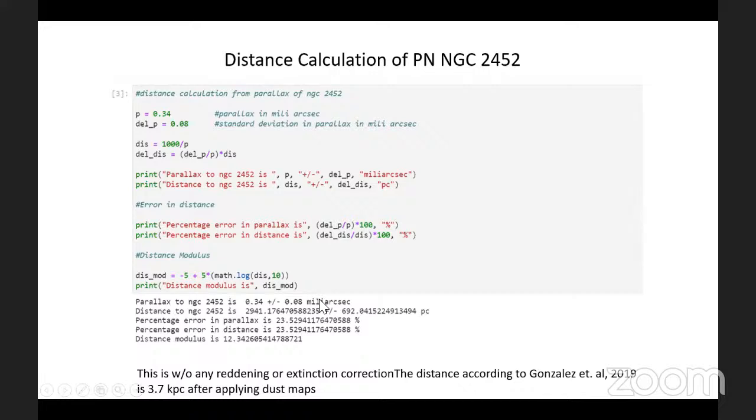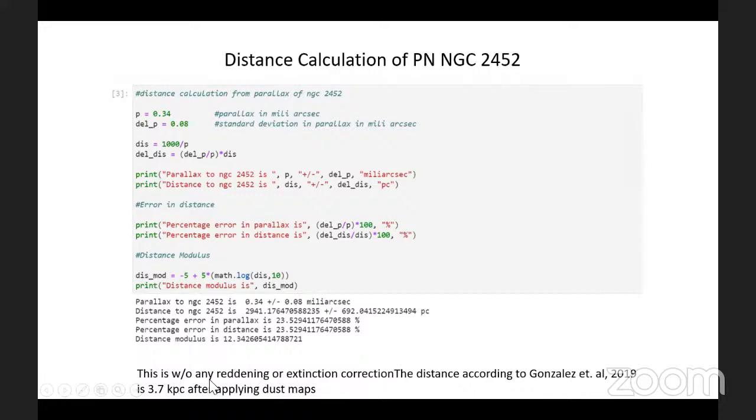So there is no extinction correction, and this is to be done in future. But at a first approximation, what we can see is it's around 2,941 parsecs plus minus 692, which is comparatively less than what we saw in case of NGC 2453, which is the open cluster.